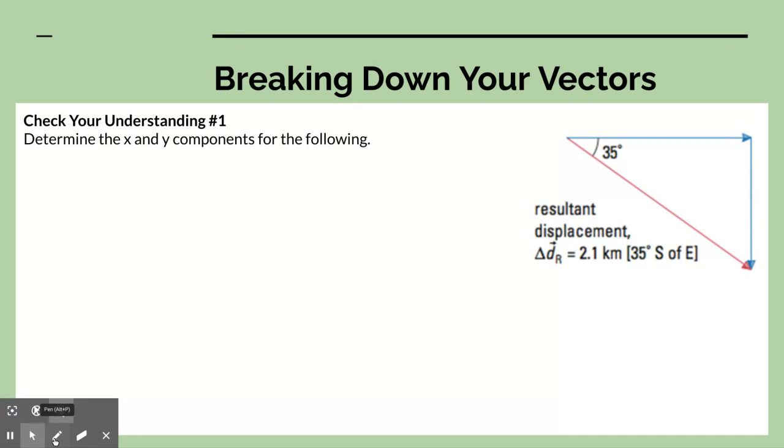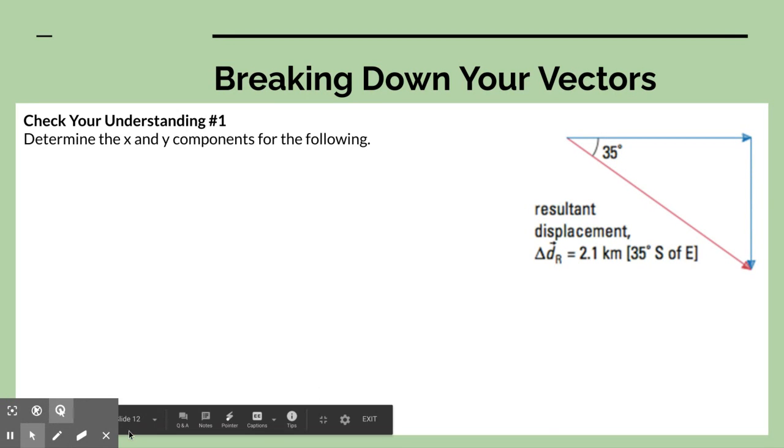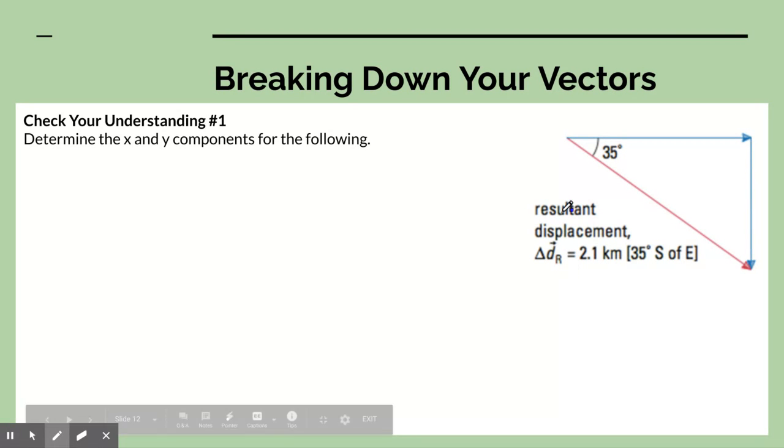Now let's get into these check your understanding. So determine the x and y components for the following. As you probably just saw in here, you're seeing this dr, and it says resultant. Remember, when we're working with vectors and just right triangles, resultant is the displacement.